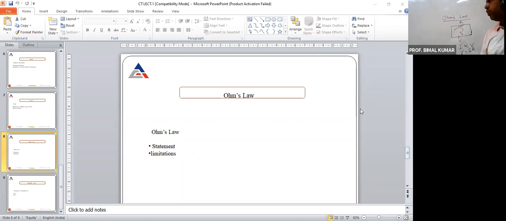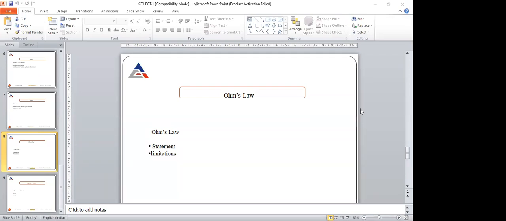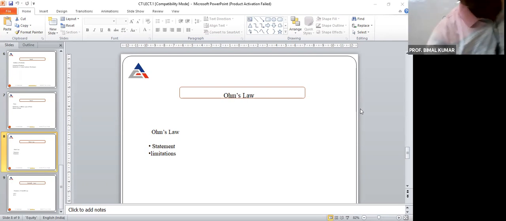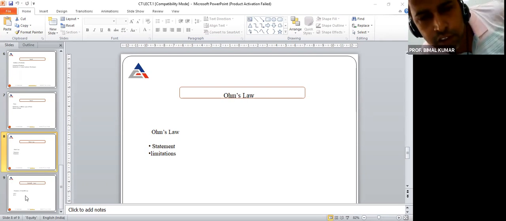Second limitation is that temperature and pressure are required to remain the same. If these vary, Ohm's law again fails. Right? Yes, sir.